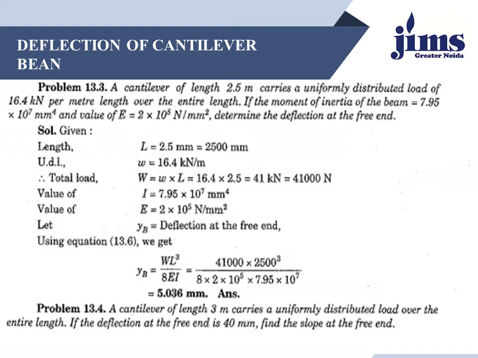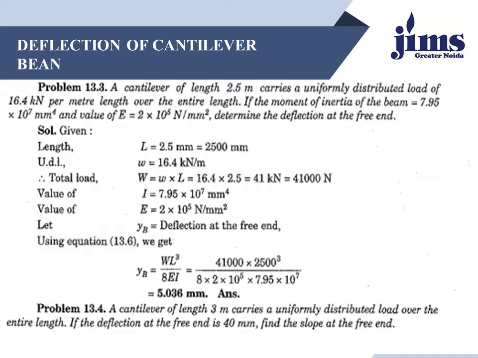So in this problem, the given data: the length L is equal to 2.5 meter or 2500 millimeter, and the intensity of the UDL, that is small w, is equal to 16.5 kilonewton per meter. This is a load of intensity per unit meter.